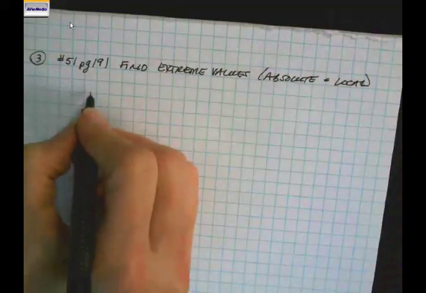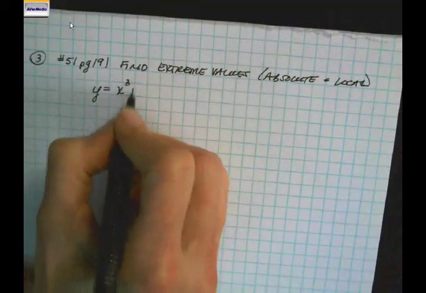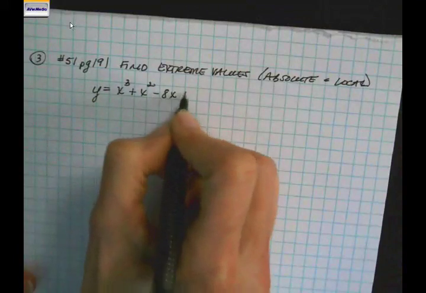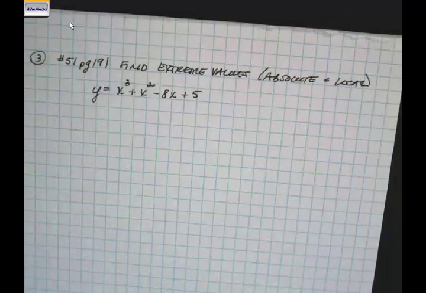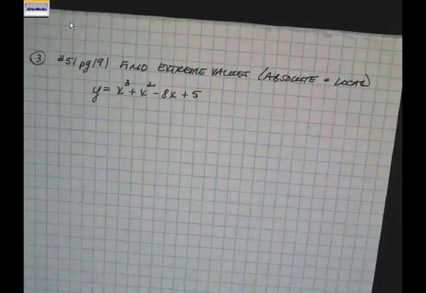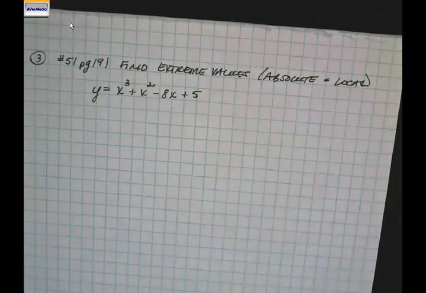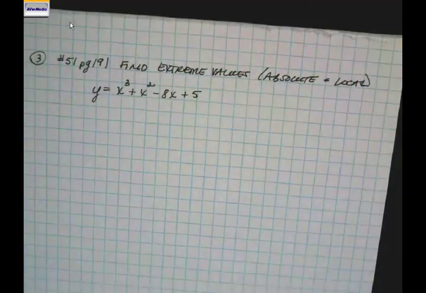Here is our equation: y equals x cubed plus x squared minus 8x plus 5. This is a cubic, a third degree equation. It's going to have end behavior of down on the left and up on the right. So it doesn't look like anybody's going to be absolute on this one, since they didn't limit my domain.